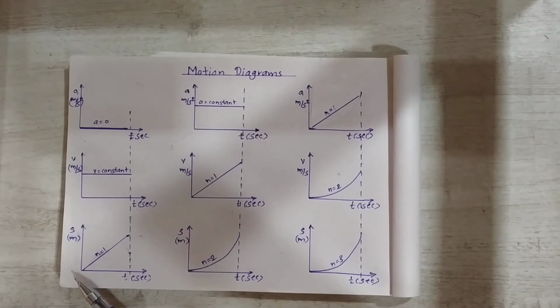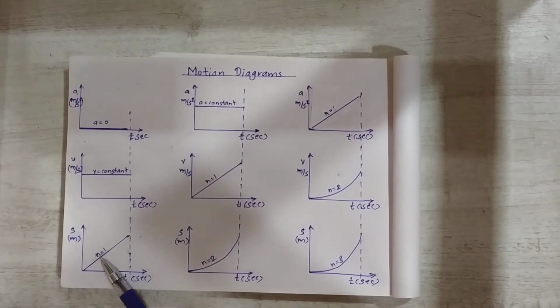Although velocity is constant, displacement goes on continuously increasing, which is shown by a continuous inclined line. And this n represents the degree of the slope, so n is equal to 1.